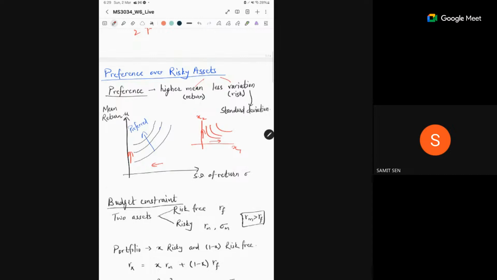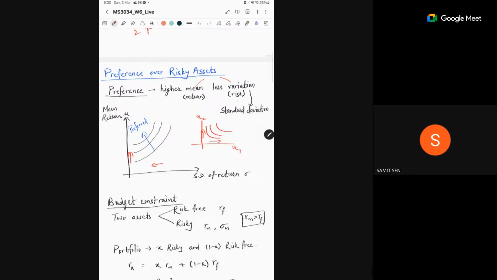But in this case, your indifference curves would have upward sloping shapes. And the more preferred direction will be this blue arrow direction. So more in this direction means you are having more utility.